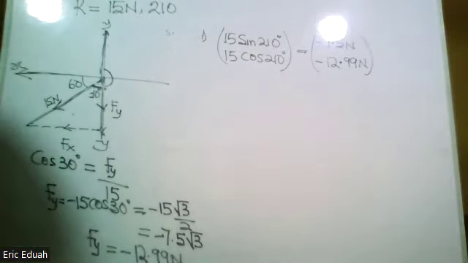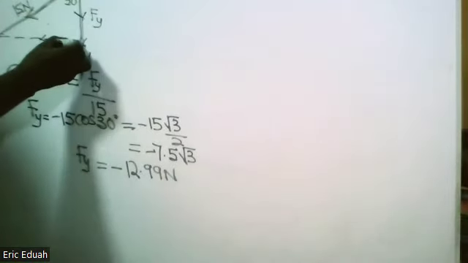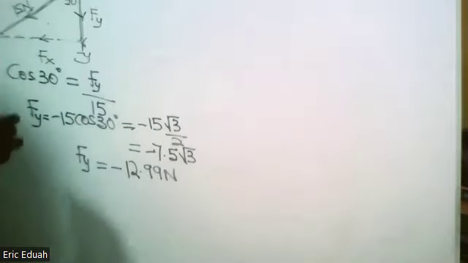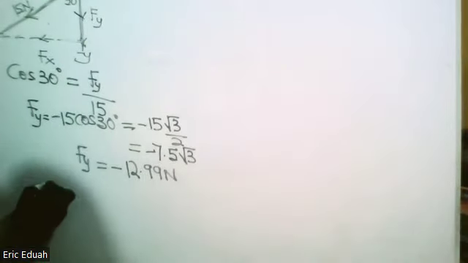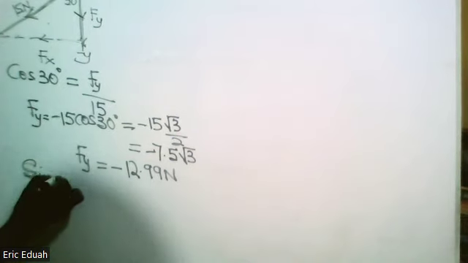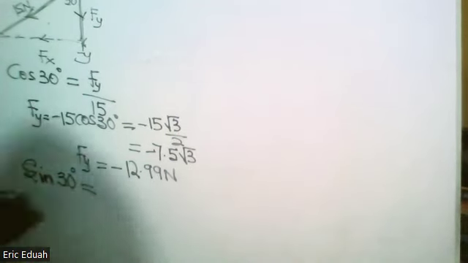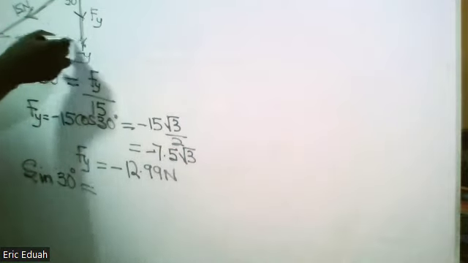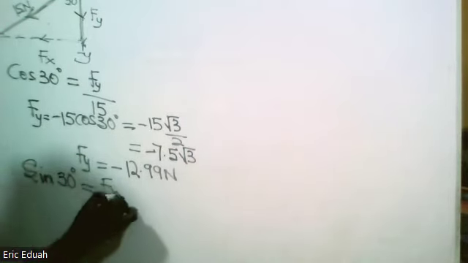Let's look for Fx. Fx is opposite to the angle 30. So when I take sine of 30 degrees, sine 30 is opposite, which is Fx, over hypotenuse 15.